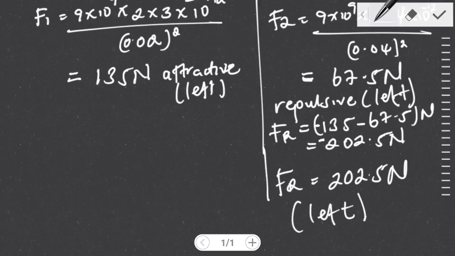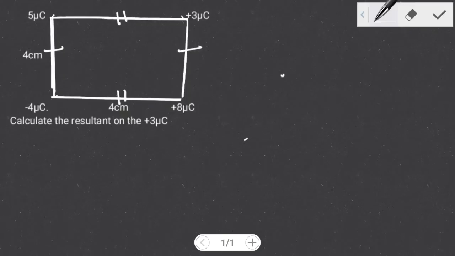So I'm taking the magnitude. They are both going in the same direction, which is the negative x, and therefore both the forces add up to give the resultant, which would be 202.5 newtons to the left. In this example, I'm going to try to apply what we have used so far to work out this kind of problem.